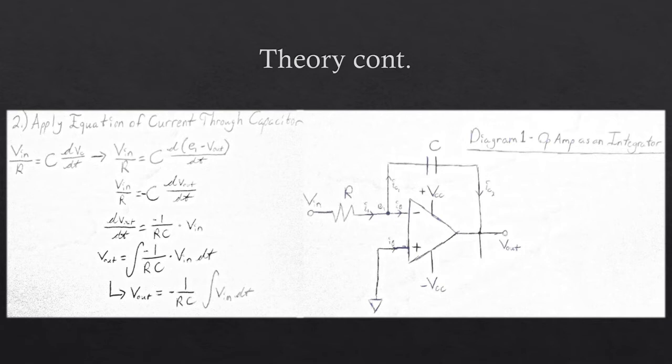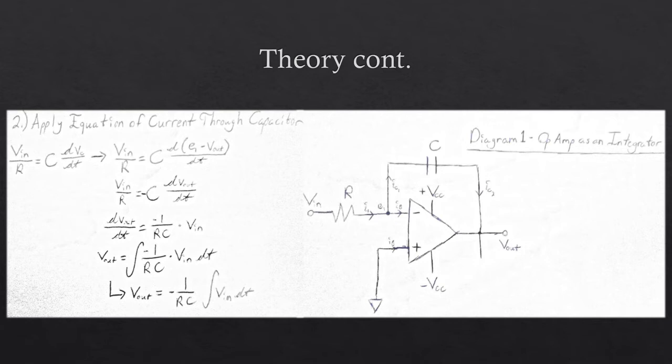If we rearrange our variables so that we can solve for V out, we will get dV out over dt is equal to the negative reciprocal of RC multiplied by Vn.